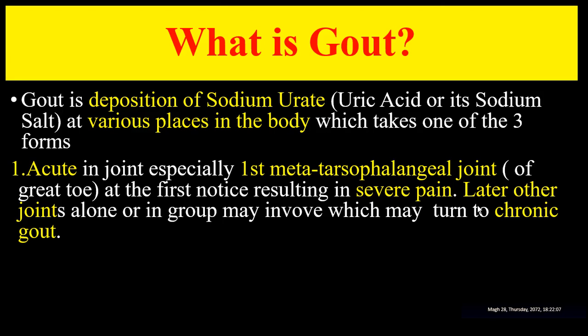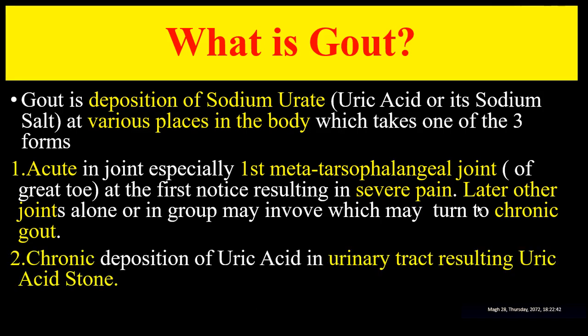First excruciating pain in the first metatarsophalangeal joint, and later other joints may be involved. This is the usual pattern, but sometimes we can see other joints like knee, wrist, etc. presented with excruciating pain with inflammation, and if the process goes on unchecked, then it may end in the chronic gout.